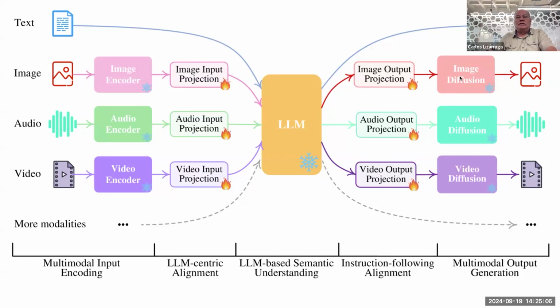If we're going to create an image, we have an image diffusion model. If we're going to produce some audio, we need to have some audio diffusion model. And if we're going to create some video, we need some video diffusion model to create the output.